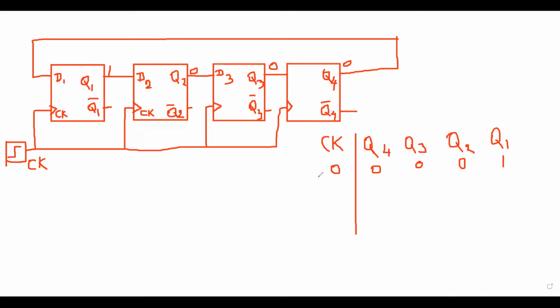This is the initial state, and this 0 will come to the input at the first clock pulse. And this is the clock pulse for our 4-bit shift register or ring counter. This is the first clock pulse. So now I'm giving the first clock pulse.